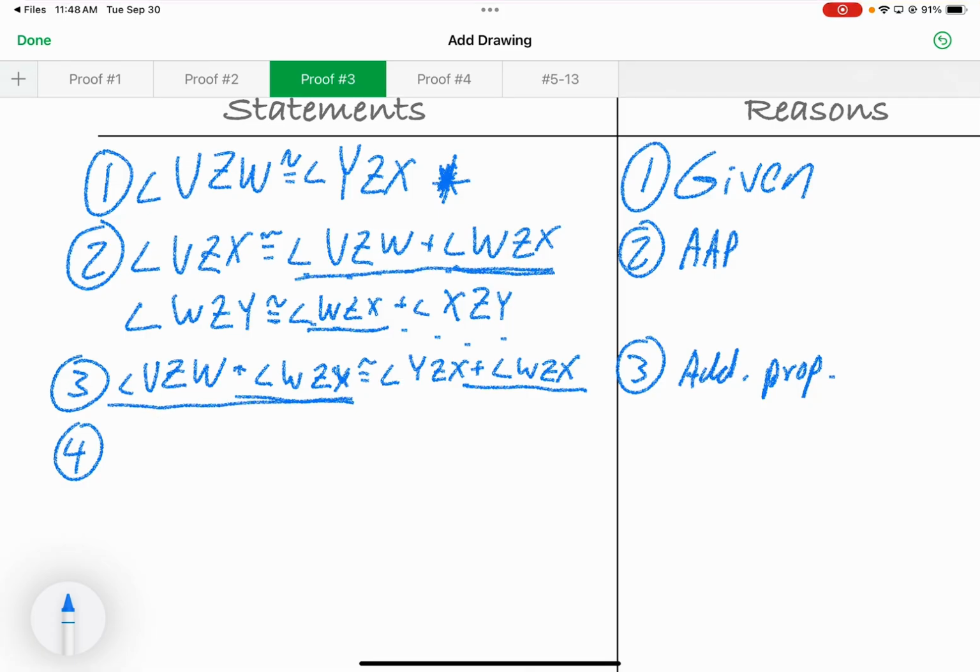From up above, it's VZX. So angle VZX is congruent to, and then same thing, these two angles added together is equal to angle WZY. And what reason can I justify that with? Substitution.